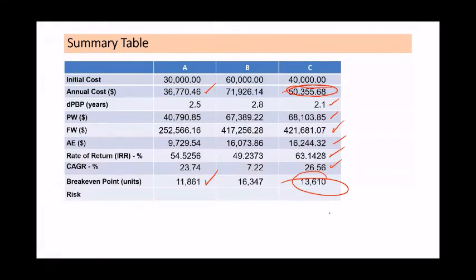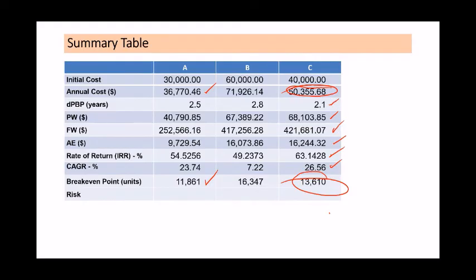Like, for example, you need to justify PW, it is not the highest, FW, it is not the highest, but make some justifications. So here, it is not only that you see, okay, there are more favorable indicators for alternative C. You cannot just say like that. You need to justify why you need to select C, despite that it is not the lowest in terms of cost and it is not the lowest in terms of the break-even point. Okay, so you need to justify.